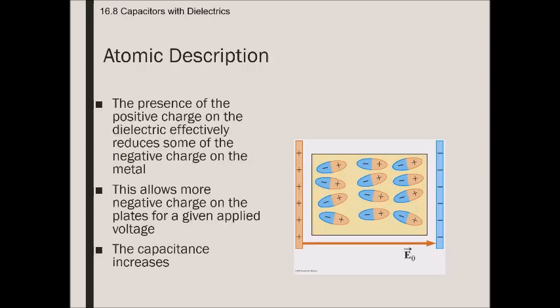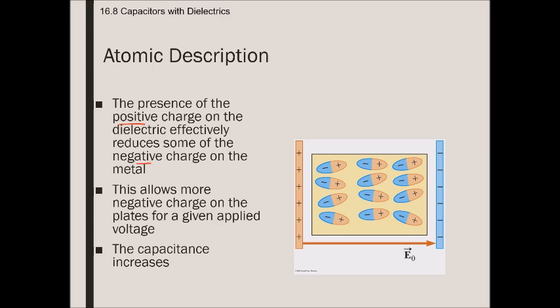So what does a dielectric do? A dielectric is a material that we put inside a capacitor to basically shield some of the charge. These materials are typically made of plastic, and in which case they have molecules that can be oriented. So we have positive charge and negative charge, and those charges orient with the electric field. The presence of these extra charges in the dielectric reduces some of the negative charge on the metal.